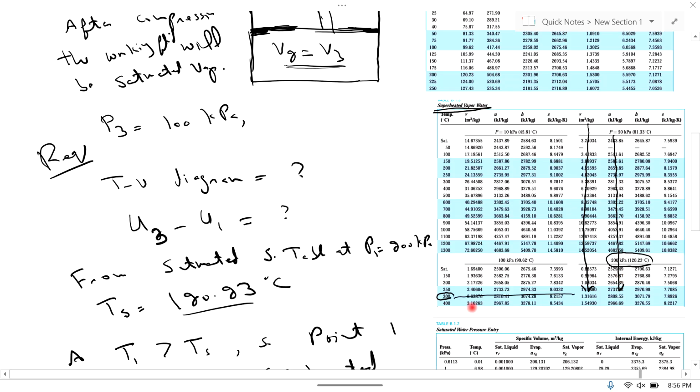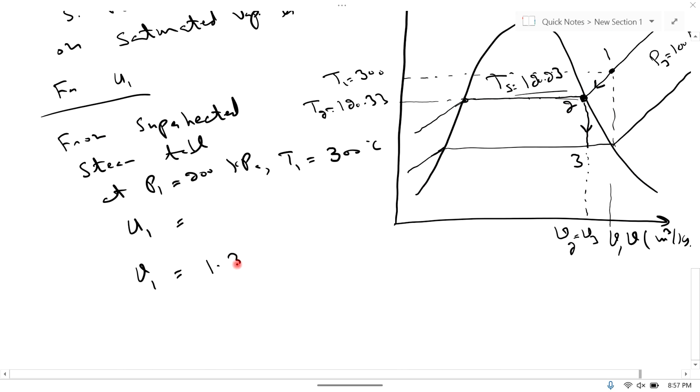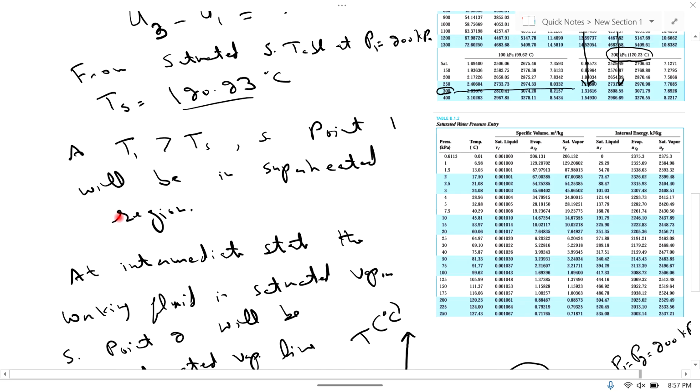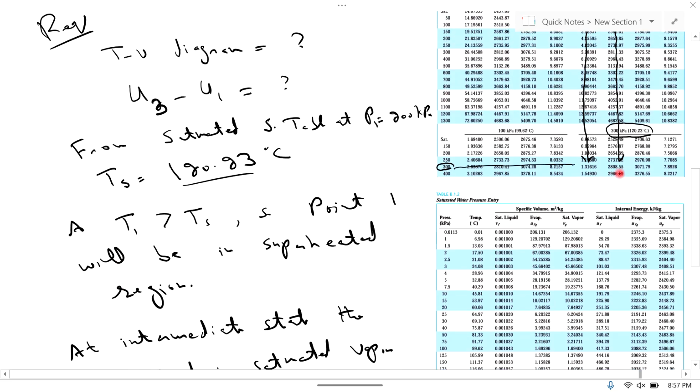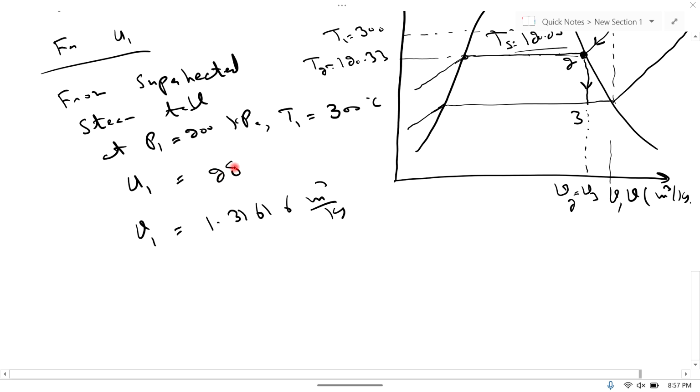So in front of 300 and below specific volume at 200 kilopascal, specific volume is 1.31616 meter cube per kg, and U1 is equal to 2808.55 kilojoule per kg.